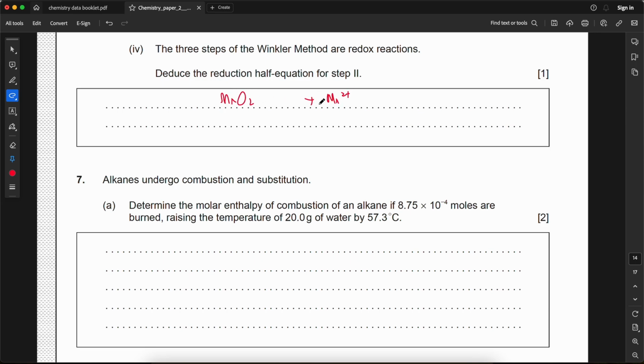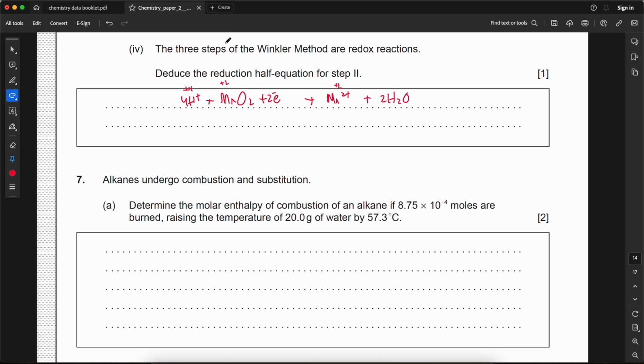As you can see, Mn are equal, but not for oxygen, because there are 2 oxygen here, so we can balance by adding 2 H2O. And there are 4 H right here, so that would be 4 H plus. And now we see the charge. Here is +2, and here is +4. To balance the charge, you can add electron, which is negative. So we need to add electron on the left side. So you can add 2 electrons, and now the charge will be +2.